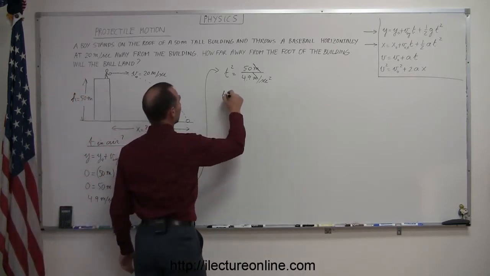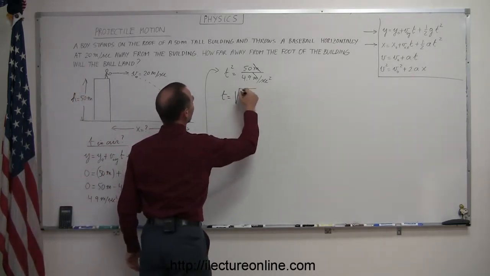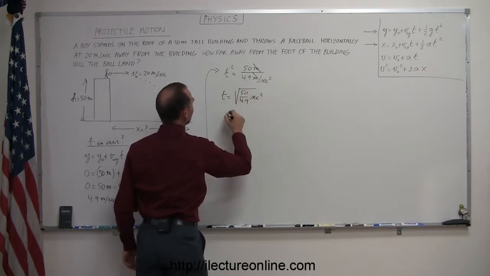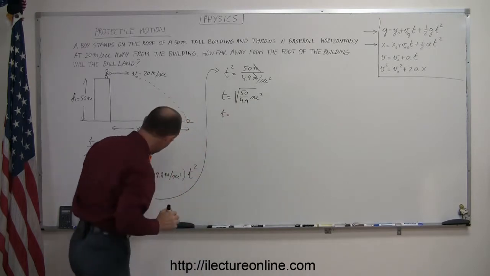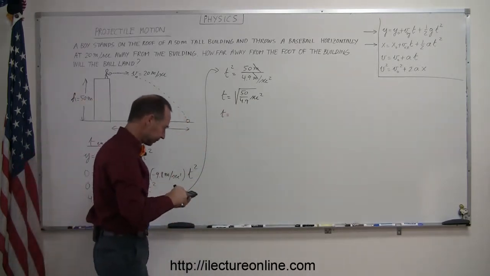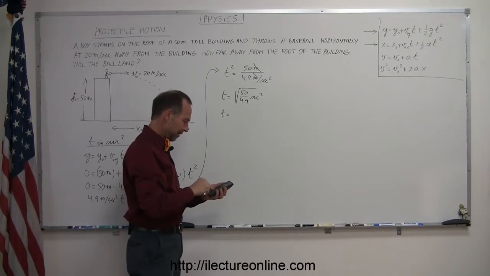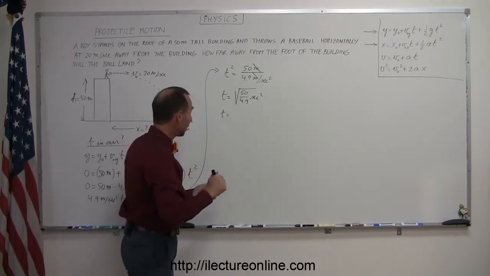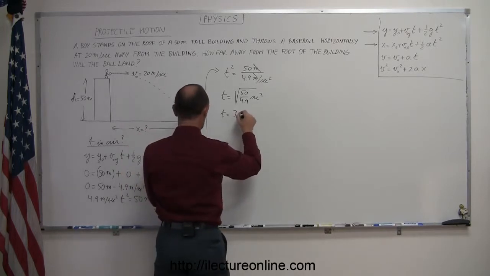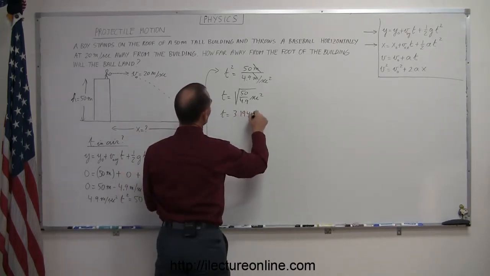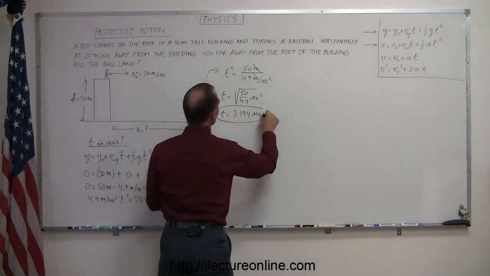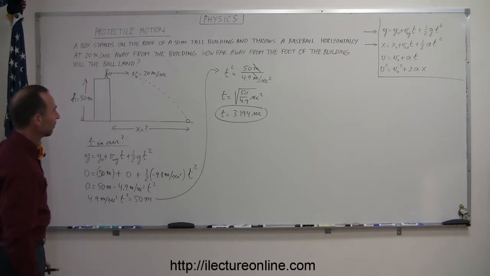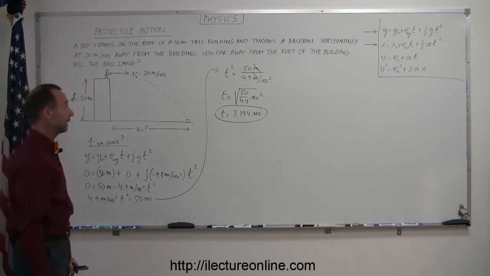We now take the square root of both sides, so t is equal to the square root of 50 over 4.9 times seconds squared. And so t equals, and let me grab my calculator here, 50 divided by 4.9, and taking the square root, we get t equals 3.194 seconds. I grabbed an extra significant figure here just to make sure I don't have a round-off error in my final answer. All right, now we know the time in the air.